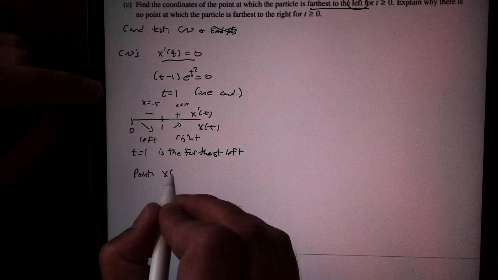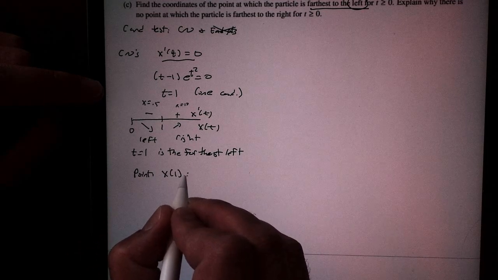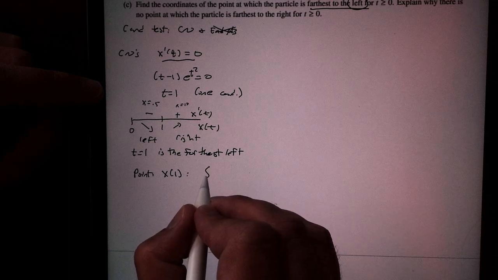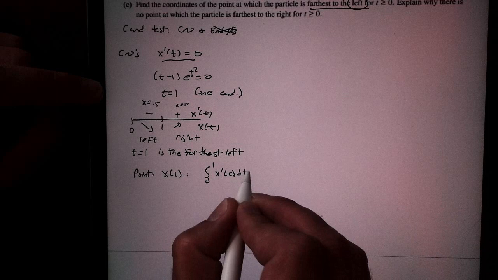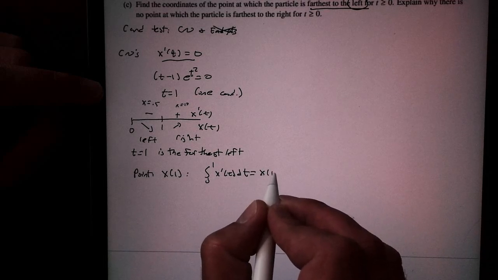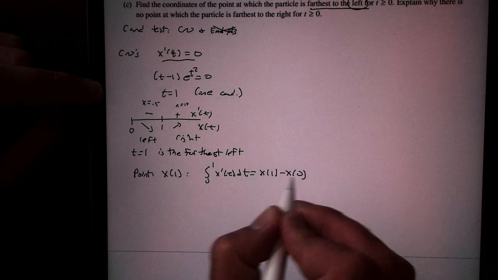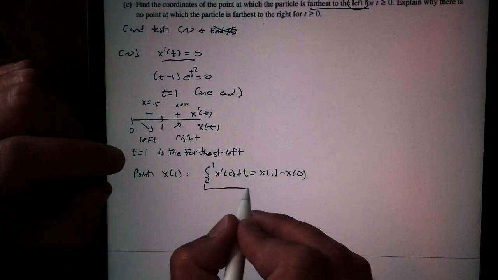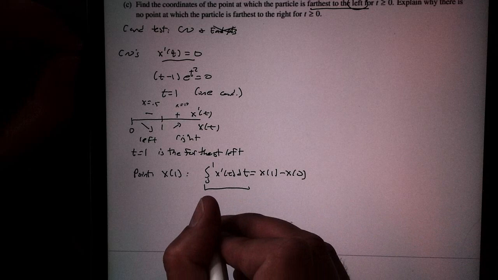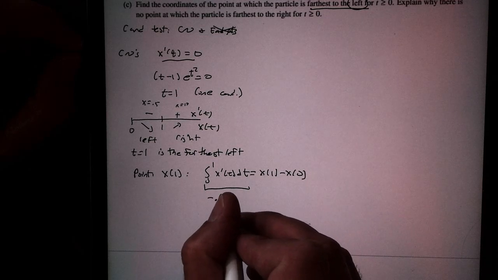So to get the point, we need x of 1. And this is where our FTC comes into play. So that's going to go from 0 to 1, the integral of x prime of t dt equals x of 1 minus x of 0. Once I got this, I can type this in my calculator, and I did that for you. This becomes negative 0.604.